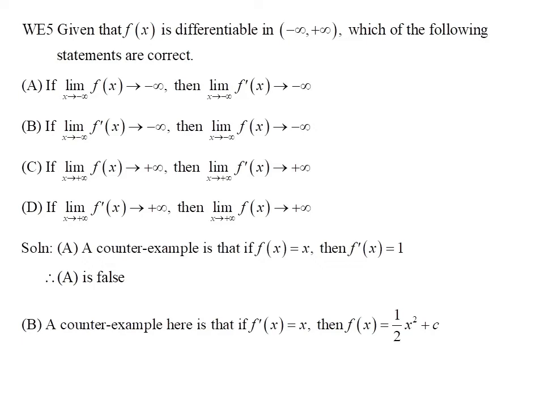Accordingly, f of x equals 1 over 2 times x squared plus c, where c is a constant. So the limit of f of x approaches positive infinity as x approaches negative infinity. So statement B is false.